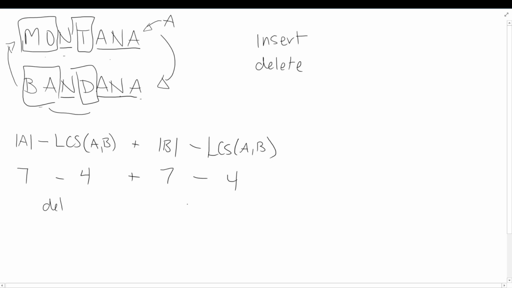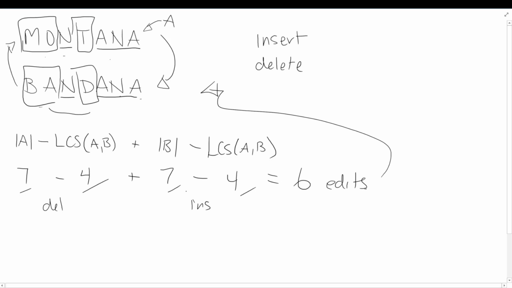These were our inserts. So the total looks like 7 plus 7 is 14, minus 4 is 10, minus 4 more is 6. 6 edits. So we can use 6 edits to change Montana into bandana if we use only inserts and deletes.